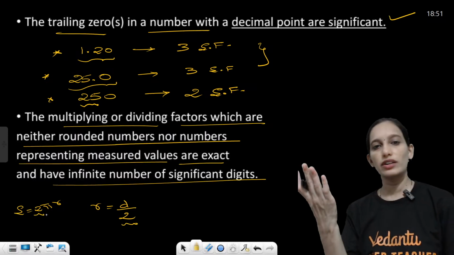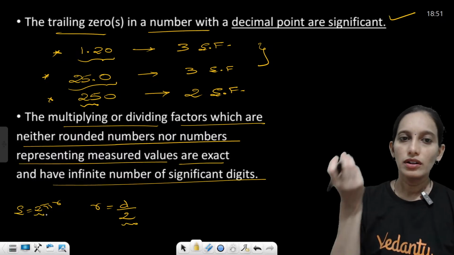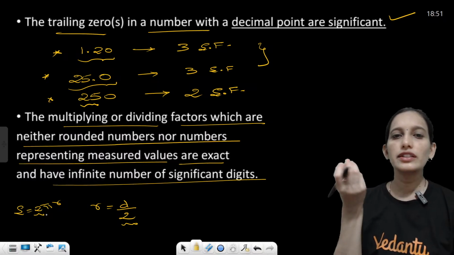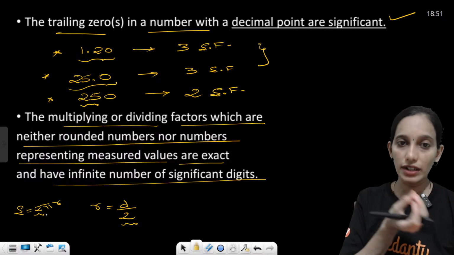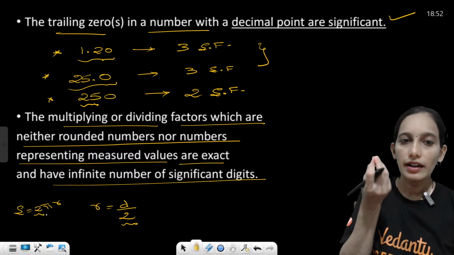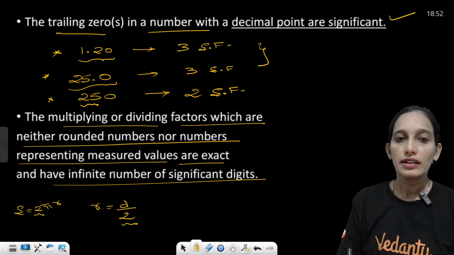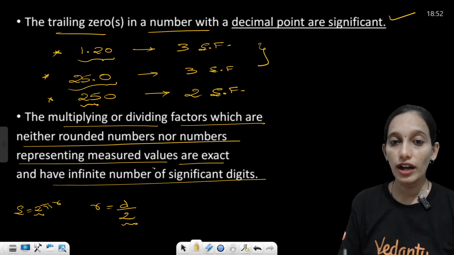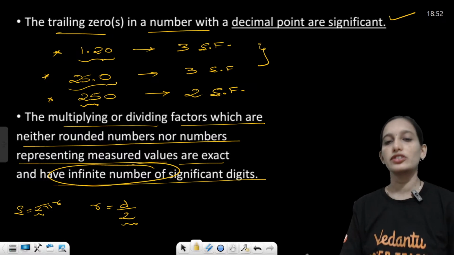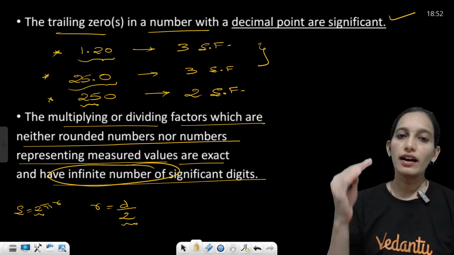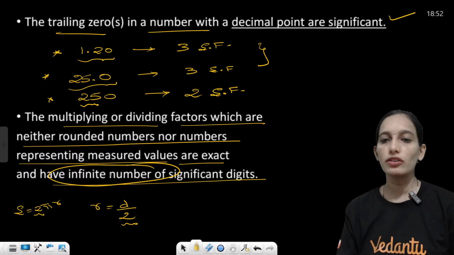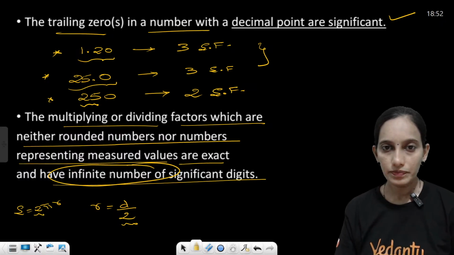It's not a rounded off number. It's not even a measured value. It is not even a rounded off value. It's a number, and whenever we have such exact numbers, they are going to have an infinite number of significant digits. Is that clear?